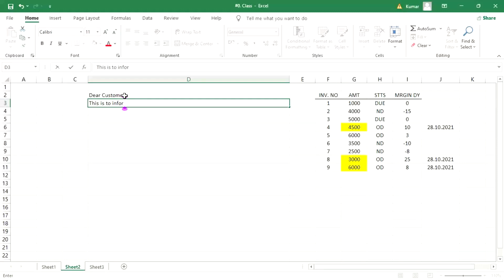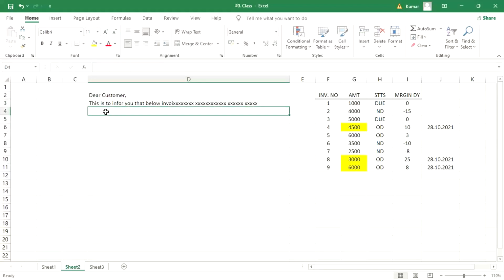This reminder letter is in order to inform you that the below invoices, whatever the contents are there, are overdue.